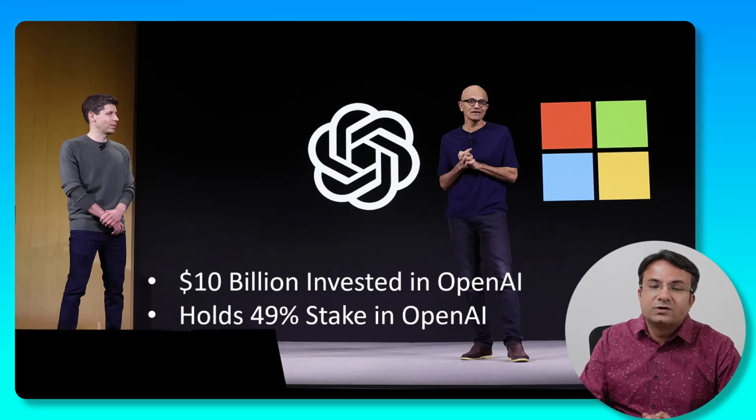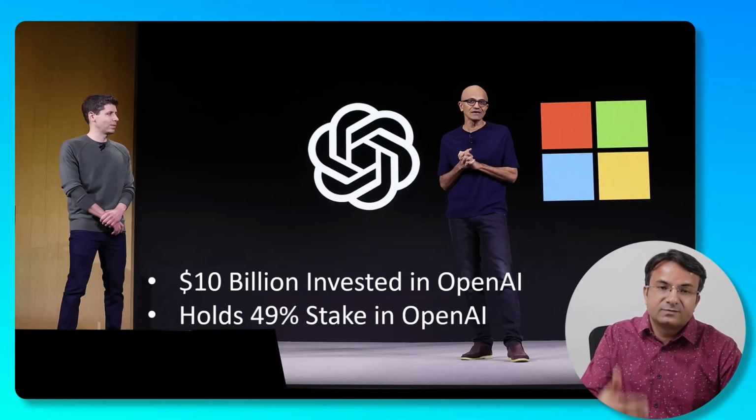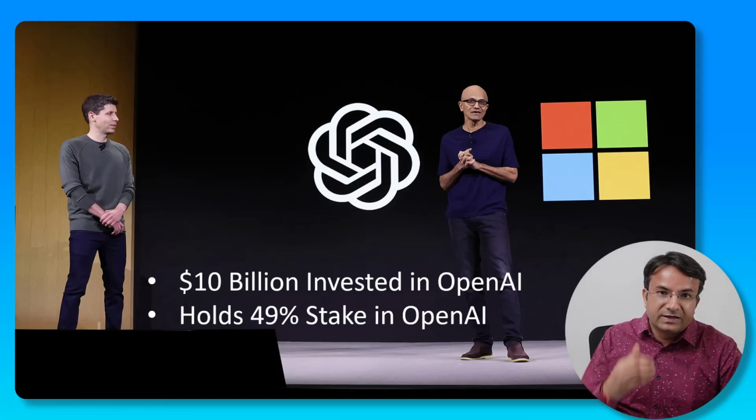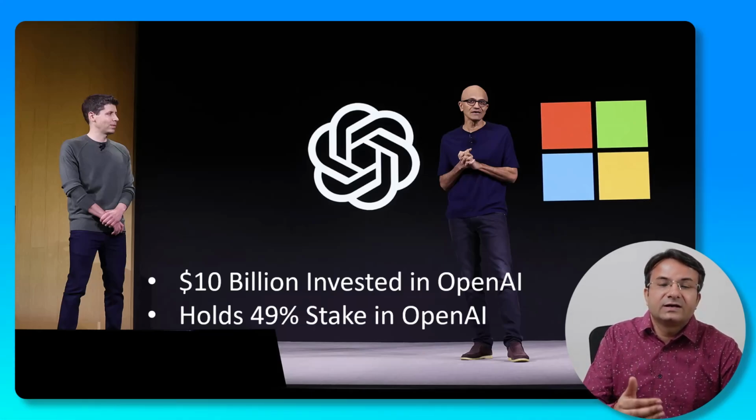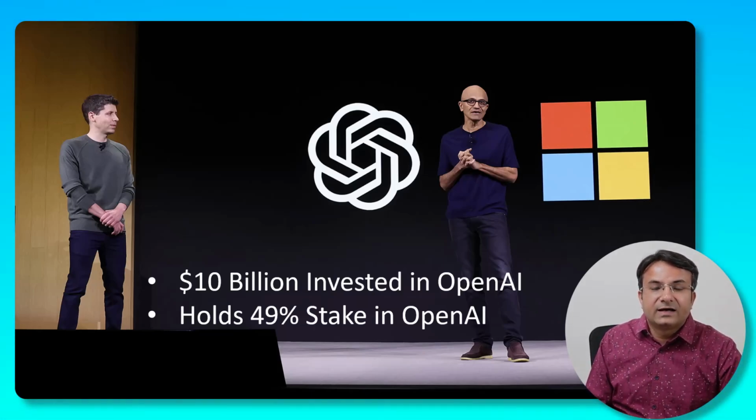They evolved MS Office, they evolved Azure, and now Windows as well. We have the AI based Windows 11 also. So everywhere Microsoft is doing well because Microsoft is backing OpenAI, and OpenAI is doing well against Google AI, AWS AI, and other AI as well.